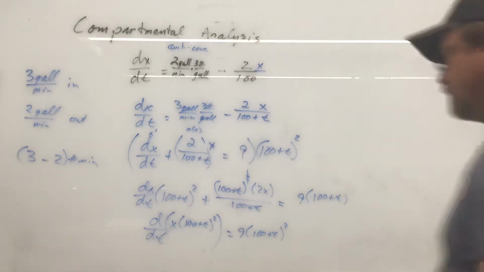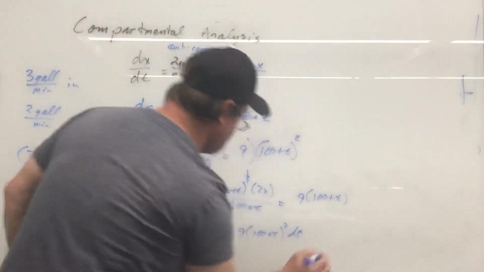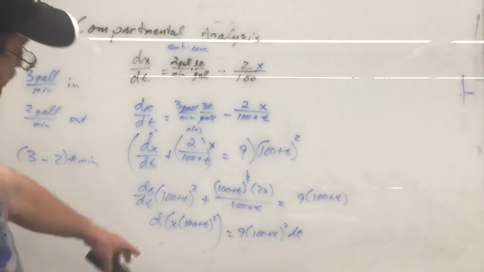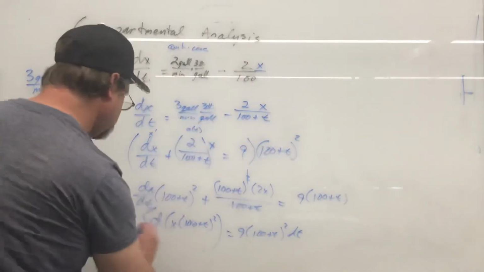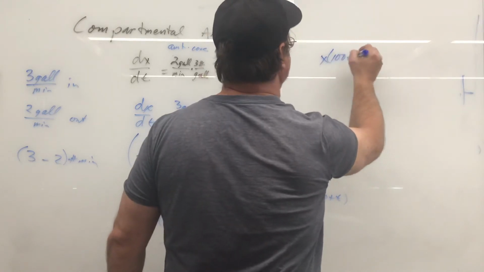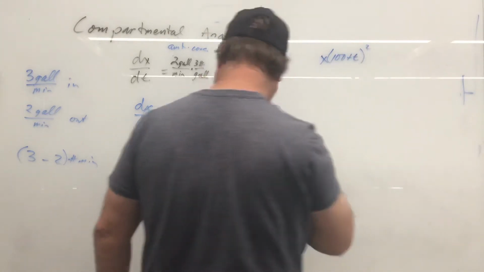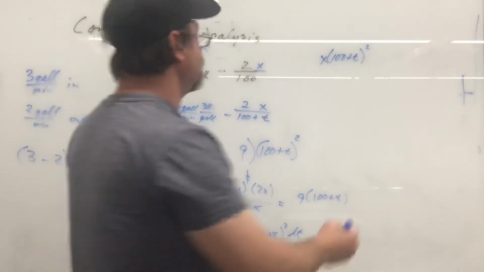And again, I'm going to separate the variables now that I can, bring the dt up here. My left-hand side, just the differential of this whole thing means that when I integrate that, it's just going to become x times 100 plus t quantity squared. And when I integrate the right-hand side, I look at that and I say, well, what do I have? I've got a 9 I can pull outside.